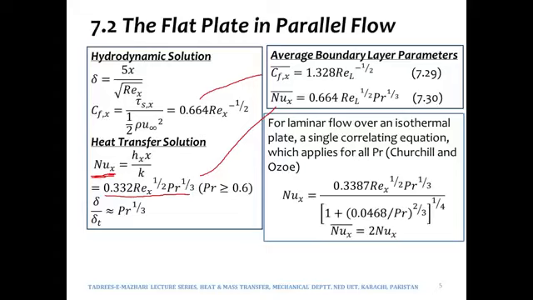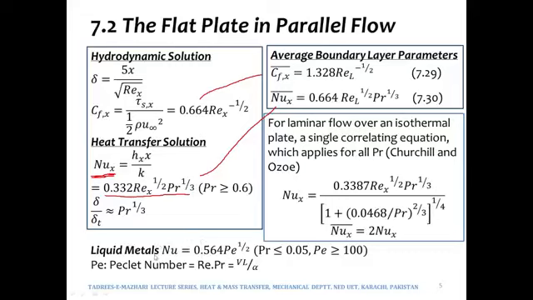So this is how we would be solving the problems. This would be our approach for finding out the value of the convective heat transfer coefficient, be it a local or an average convection heat transfer coefficient.